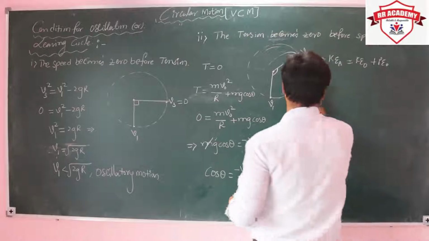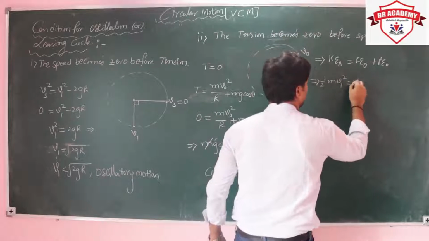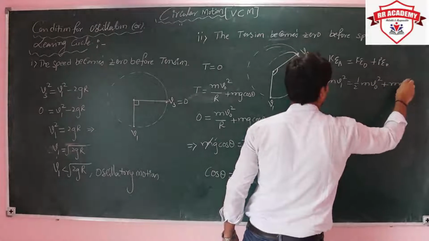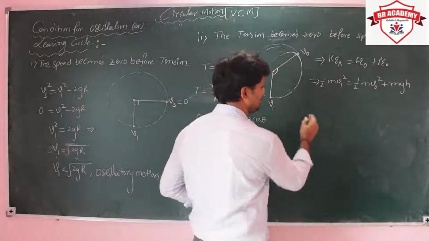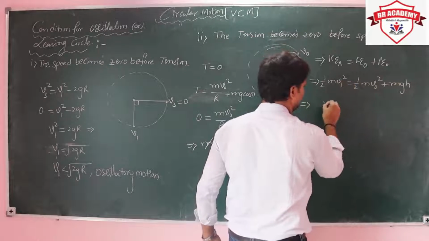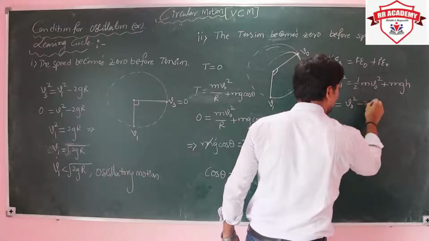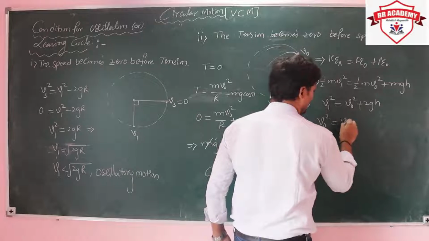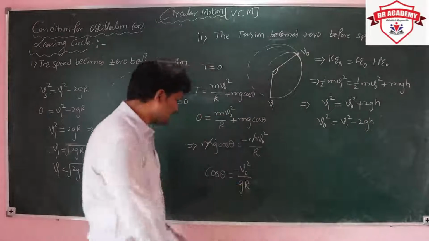So half m v1 square is equal to half m v0 square plus mgh, where h is the height raised. Simplifying, v1 square is equal to v0 square plus 2gh. Then v0 square is equal to v1 square minus 2gh.